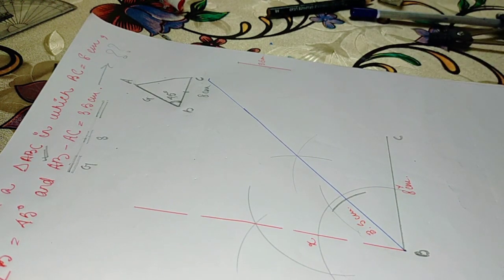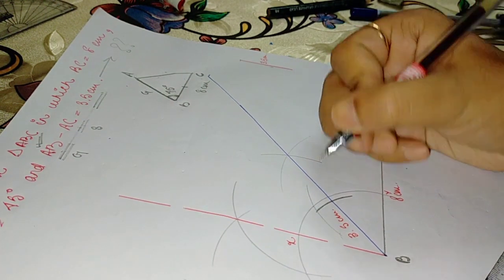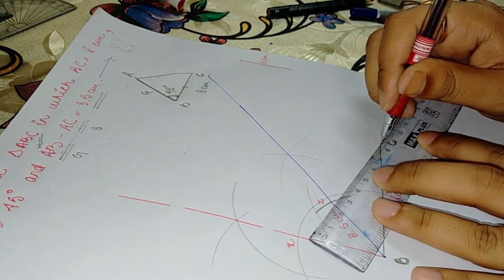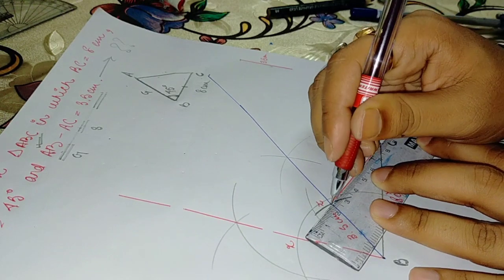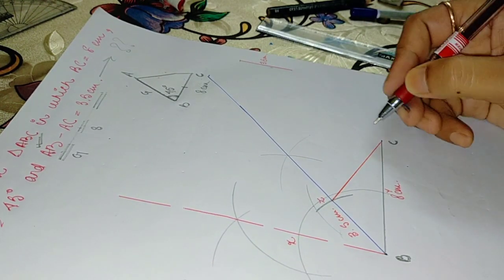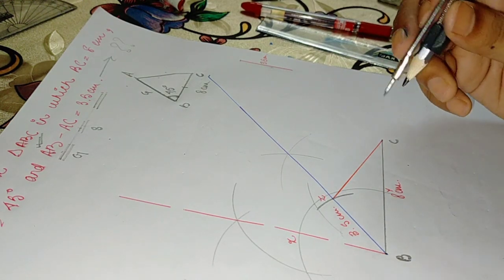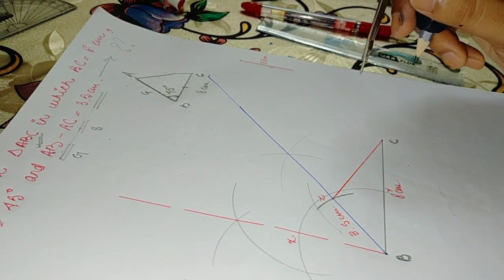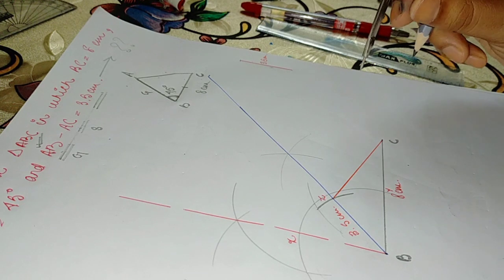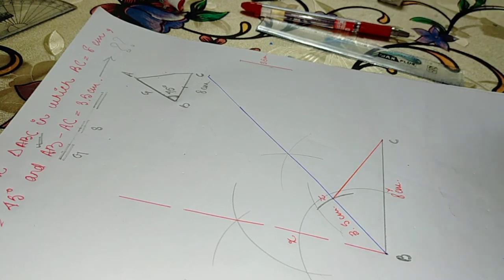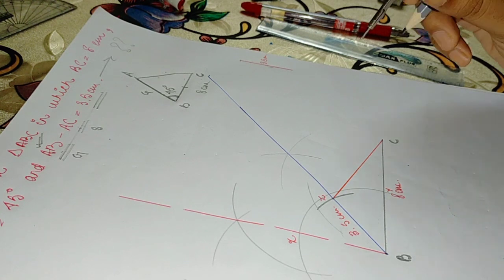Next, what I will draw? Let me mark the point as Z. So let me join CZ. I am trying to maintain the neatness in my diagram, because in construction our first priority is to draw the diagram accurately and perfectly.